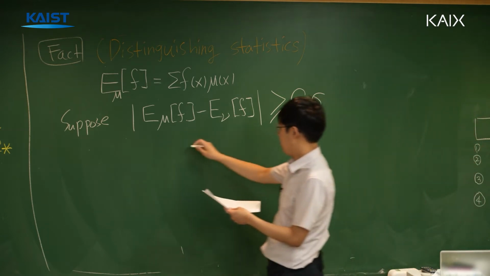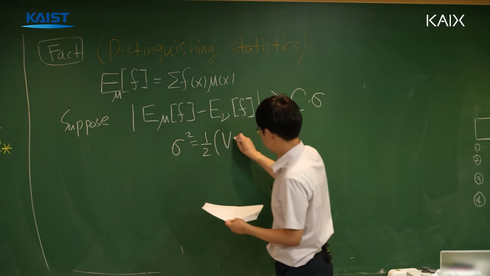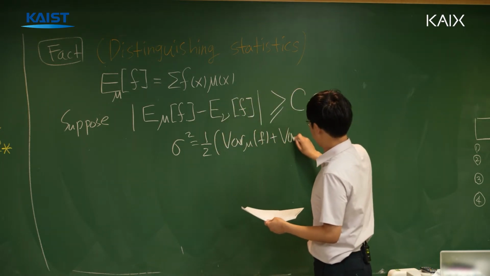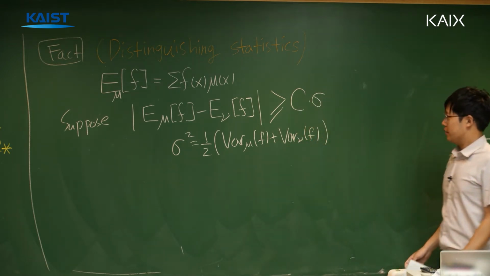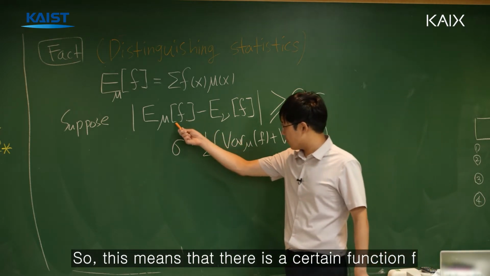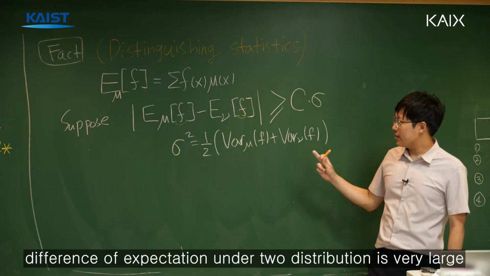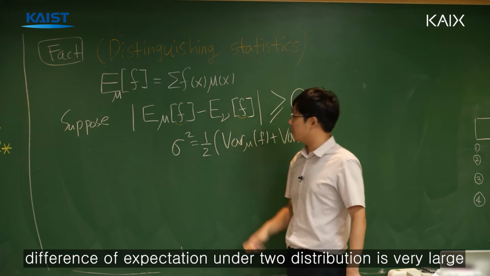Sigma squared is the average of the variance. Okay. So this means that there is a certain function f for which the difference of expectation under the two distributions is very large.